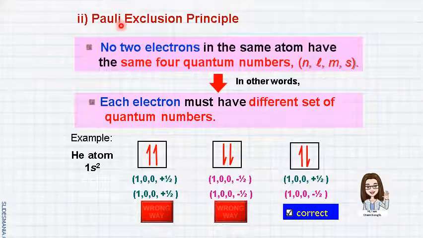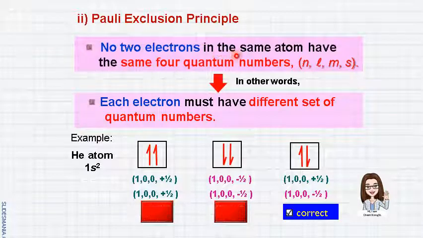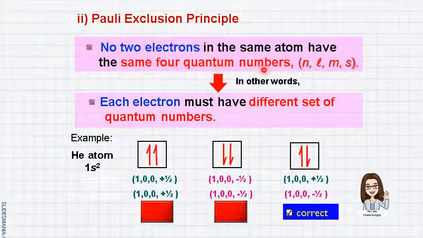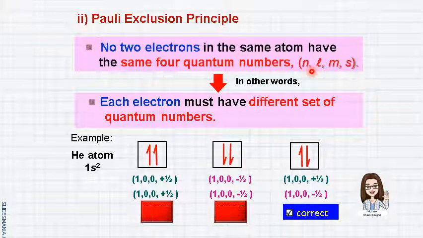The second rule is the Pauli exclusion principle. According to the Pauli exclusion principle, no 2 electrons in the same atom have the same 4 quantum numbers, meaning the same set of n, l, m, s. In other words, each electron must have a different set of quantum numbers. We look at the example of helium.